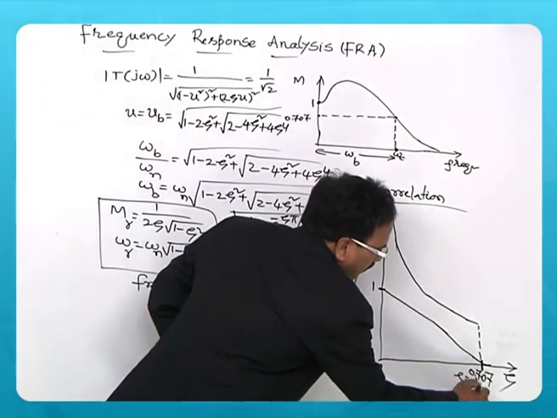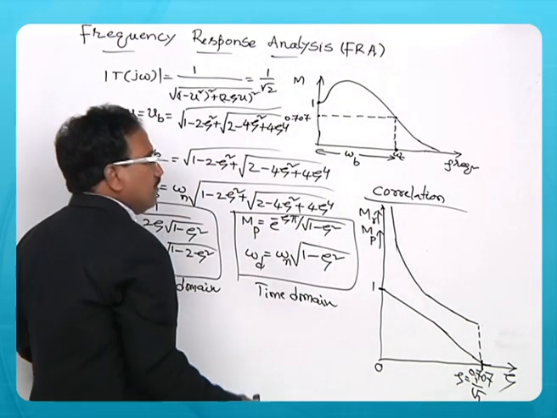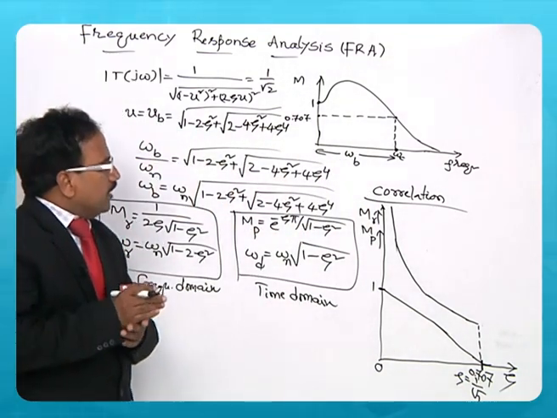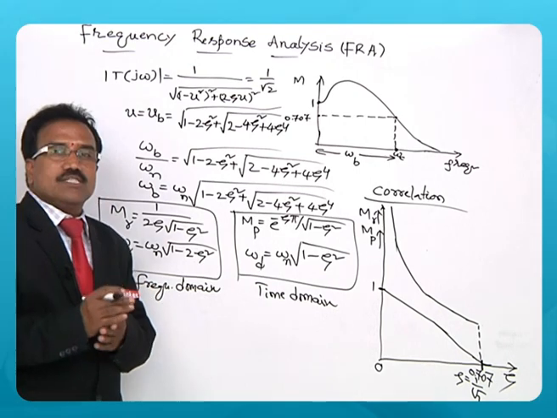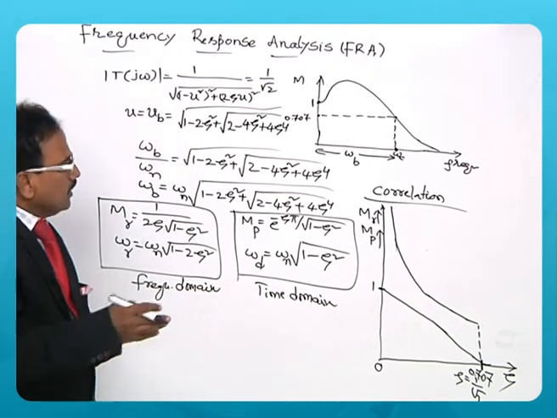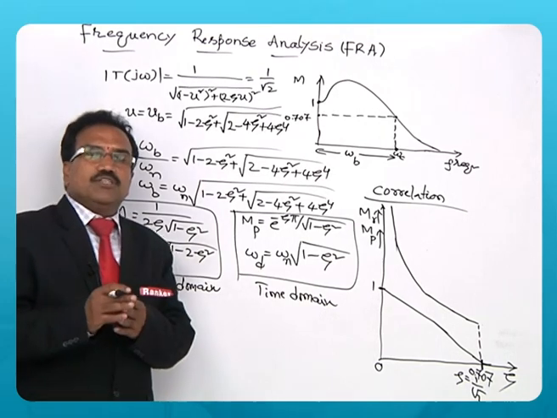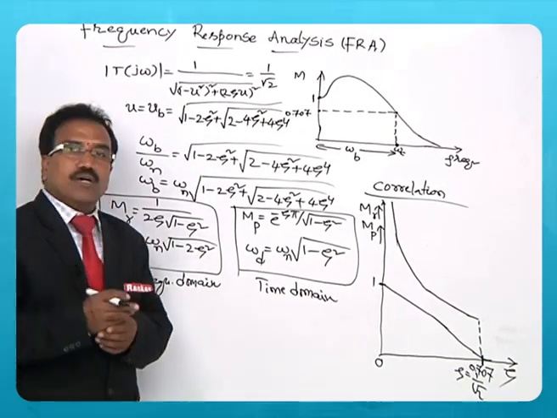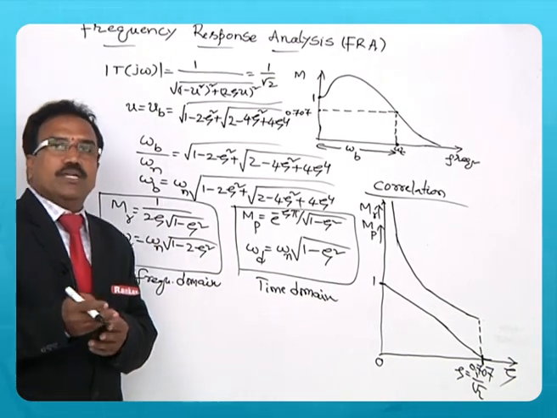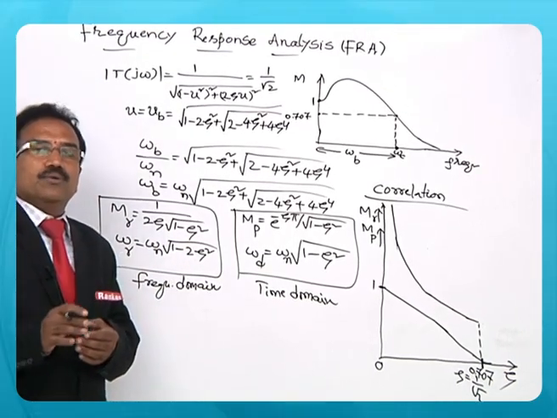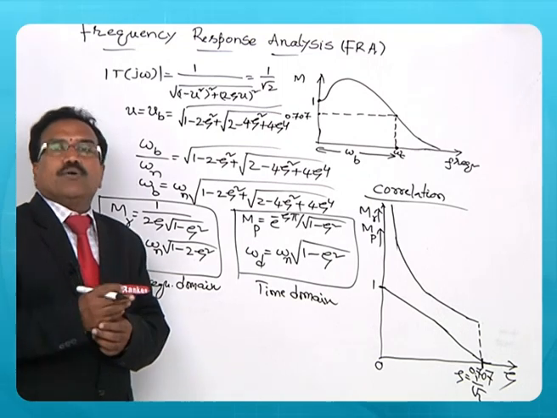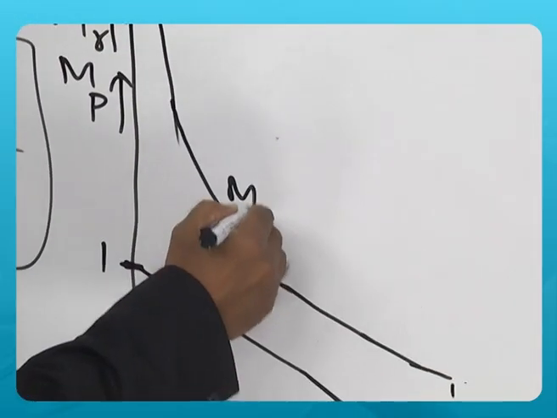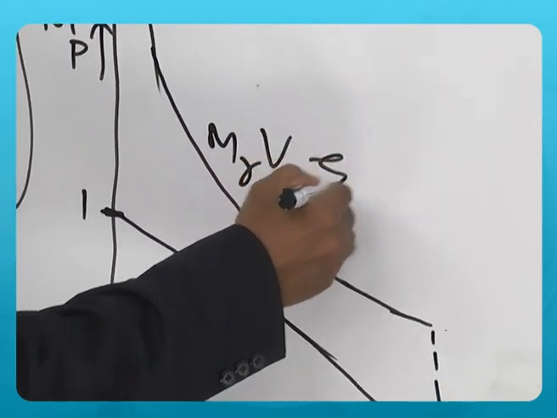Zeta value 1 by root 2 means it is 0.707. So the correlation exists between resonant peak and peak overshoot only up to 0.707. Beyond that zeta, correlation will break down because the oscillations in time domain will be 0 beyond zeta 0.707. So this is MR versus zeta.